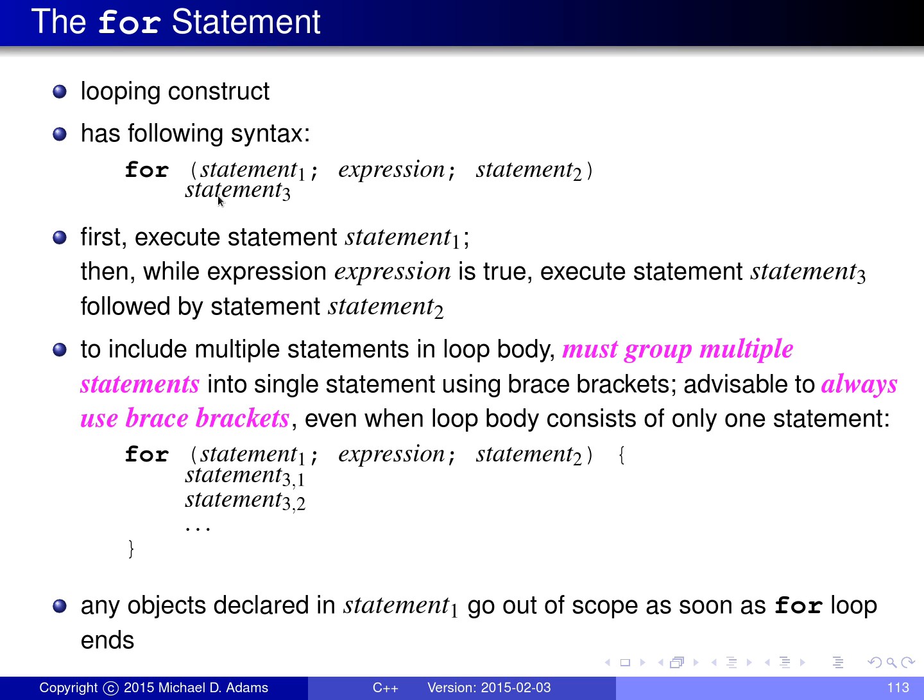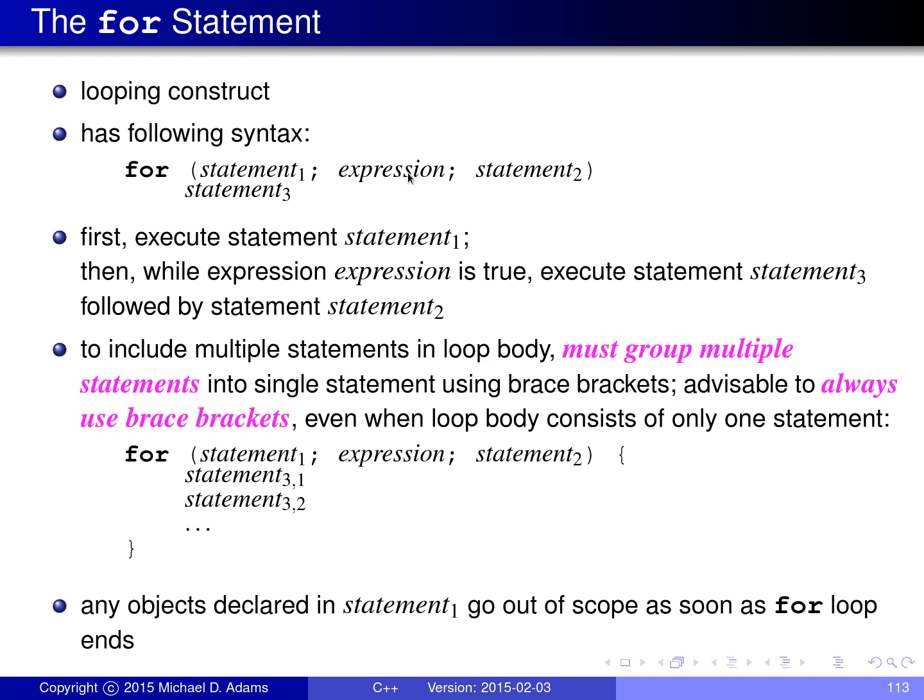Then after statement 3 is executed, statement 2 is executed, and then we go back to effectively the top of the loop, and we test this condition again. If it's true, we continue on, execute statement 3, and then execute statement 2, and then we test the expression again. So we keep looping until this expression becomes false.